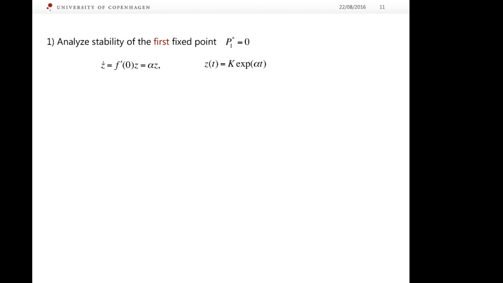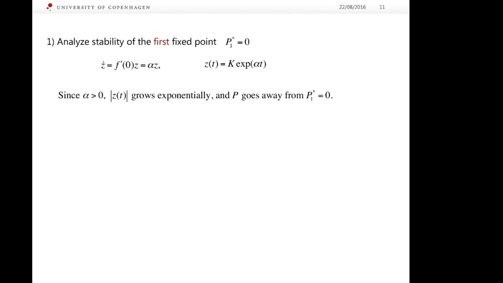This linearized equation has the solution, which is equal to k times an exponential function of alpha t. K is a constant which is found from initial conditions, and in principle it can be positive or negative. However, what is really interesting for us is how the modulus of z of t, the modulus of the deviation, behaves, because the modulus of deviation will give us the distance from the fixed point.